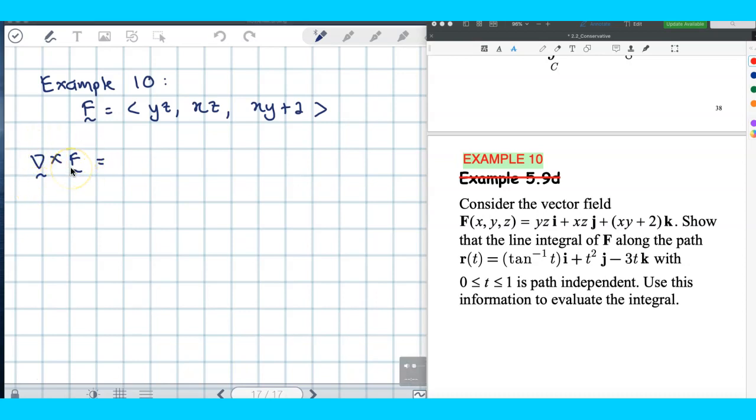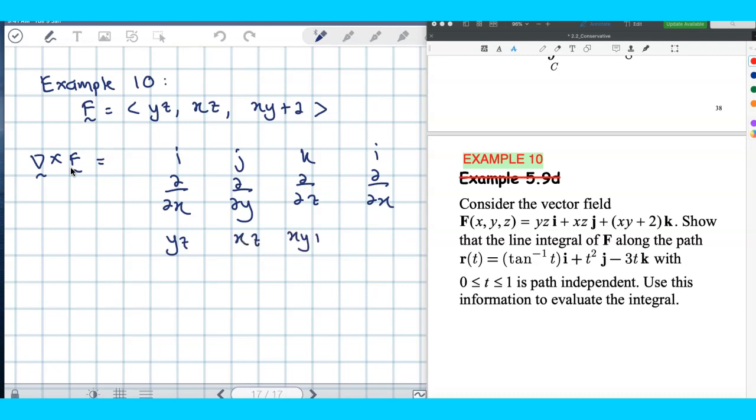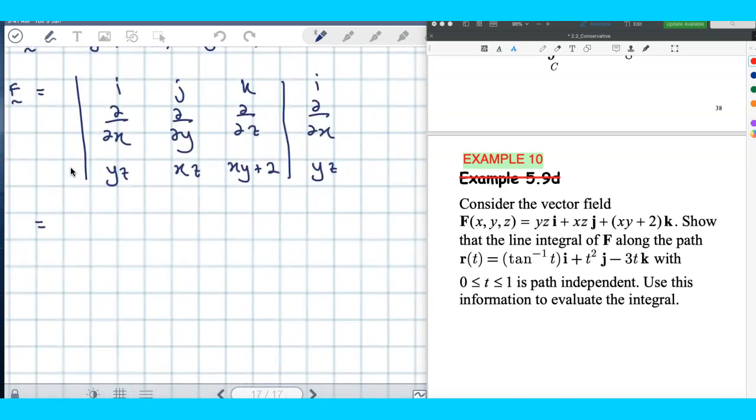So now we want to show it is a conservative vector field. We have yz, xz, xy plus 2yz.